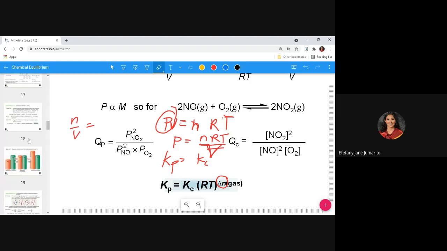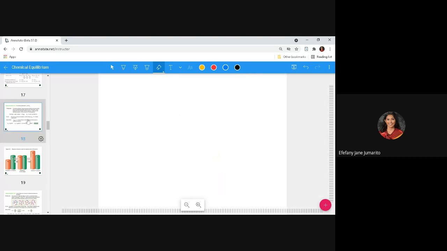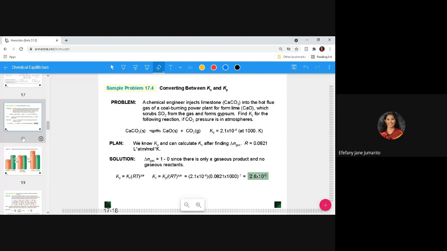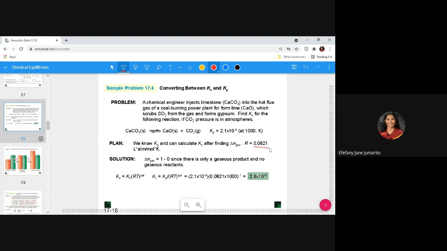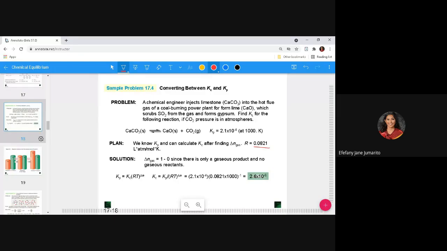Okay, so that's it. Now, always take note that the value of R, that's constant. So you memorize the value of R. The value of R is 0.0821 liter atmosphere per mole per Kelvin. Now, in our previous chapter, we also used the value of R, but 8.314 joules per mole Kelvin.